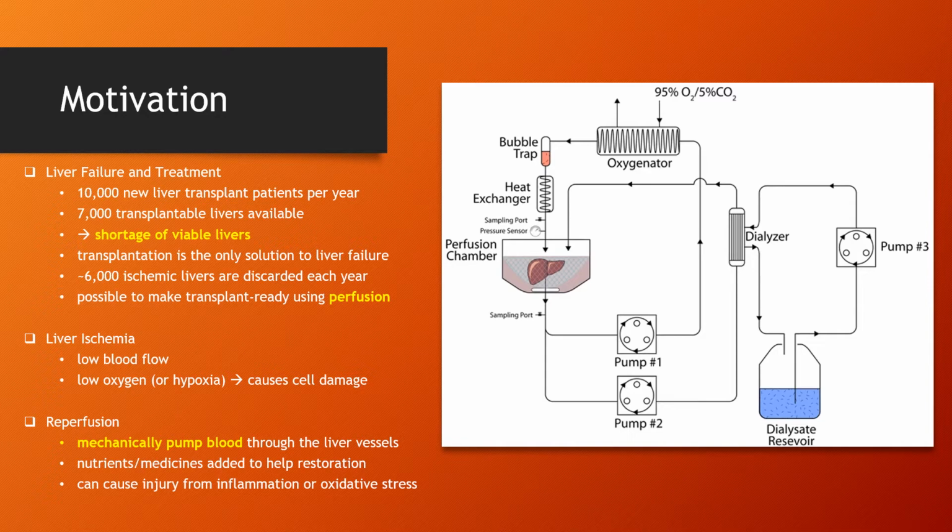In addition, nutrients and pharmaceutical additives are often used to help restoration. However, this is not without problems. Liver reperfusion can cause injury due to inflammation and oxidative stress. On the right is an illustration of a liver perfusion machine.